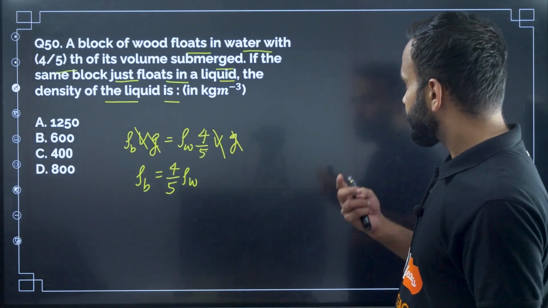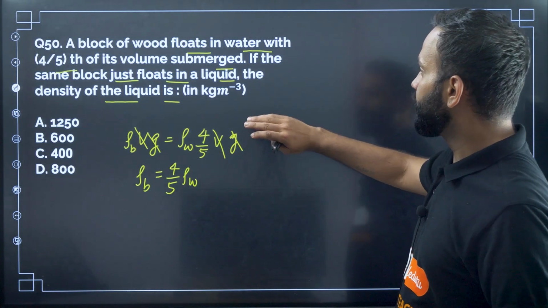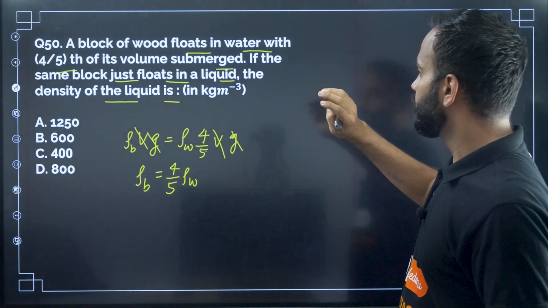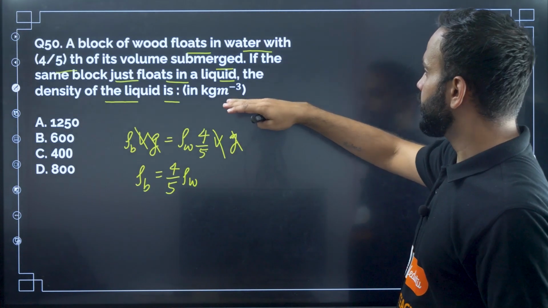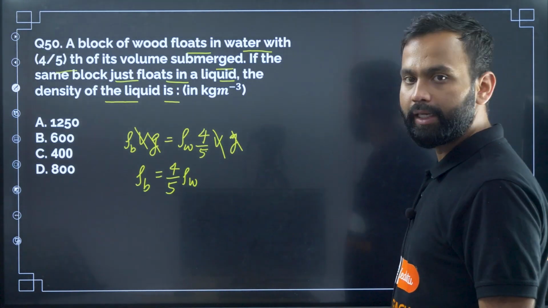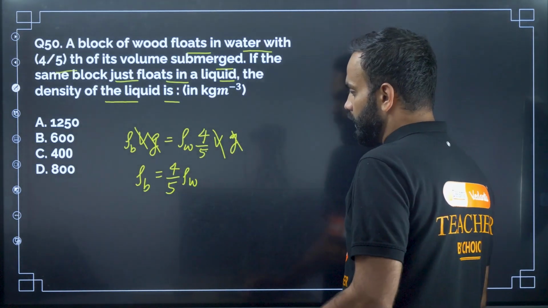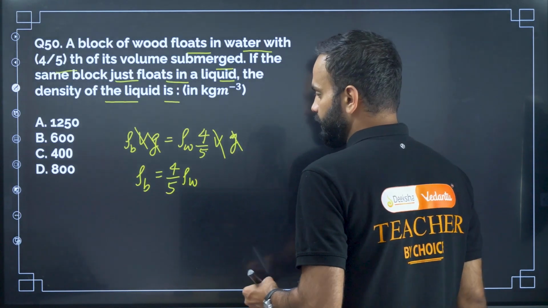Now we have replaced the water and put some liquid. So now the same block floats in a liquid, right? Again, apply Archimedes principle.